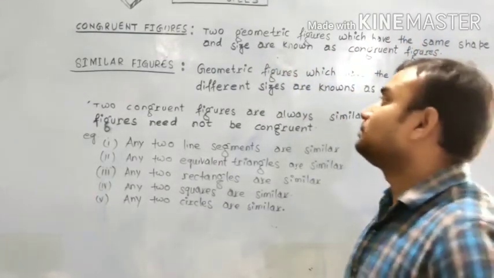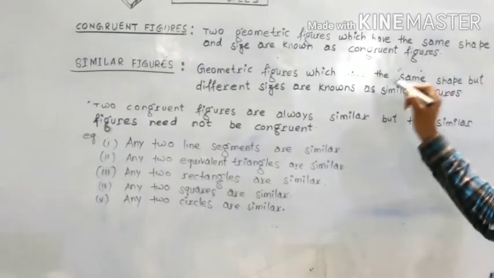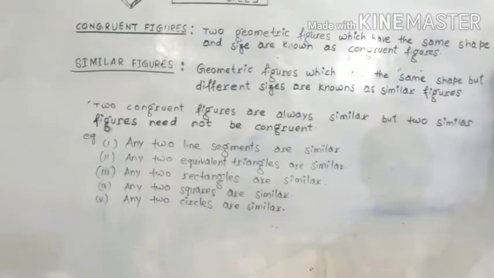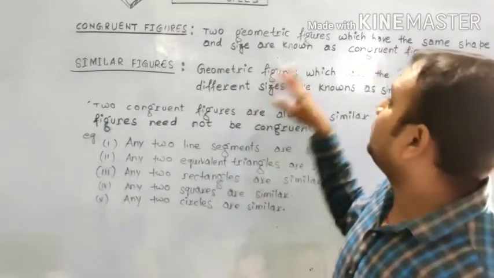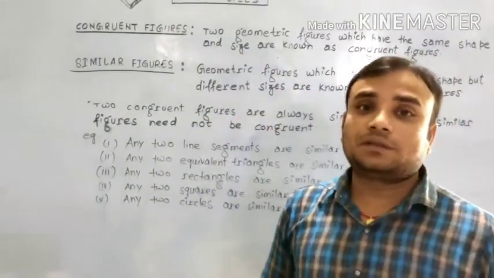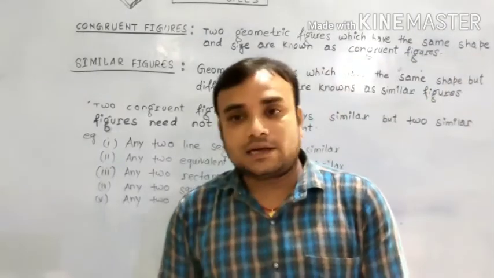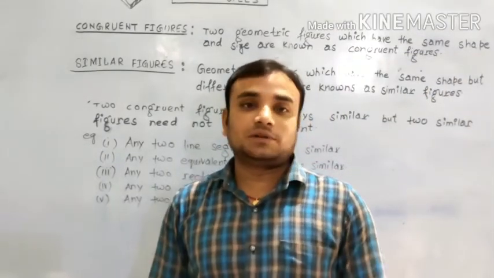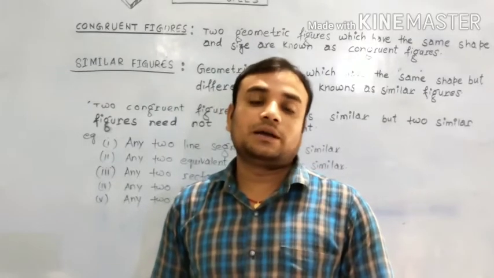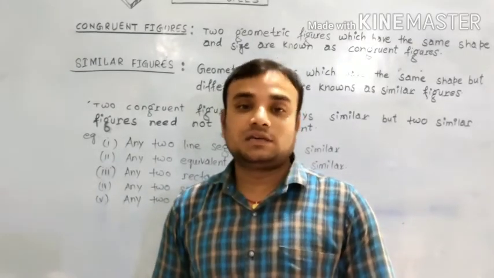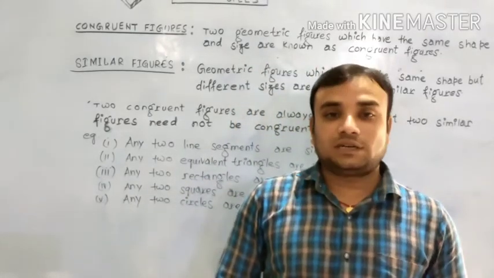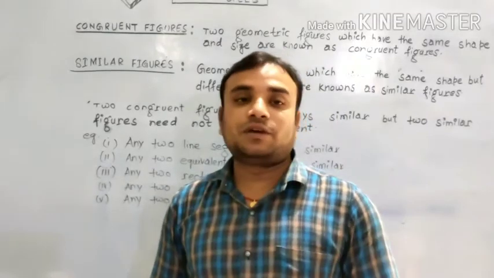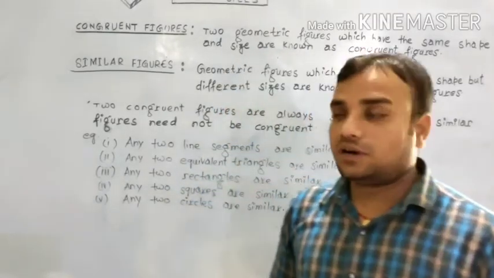For example, if one is an equilateral triangle, then the other is also an equilateral triangle. If one is a rectangle, both are rectangles, and their sizes are the same, then the sides of the equilateral triangles must be equal, or the length and breadth of the first rectangle are equal to the length and breadth of the second rectangle respectively. This type of figure is called congruent figure.